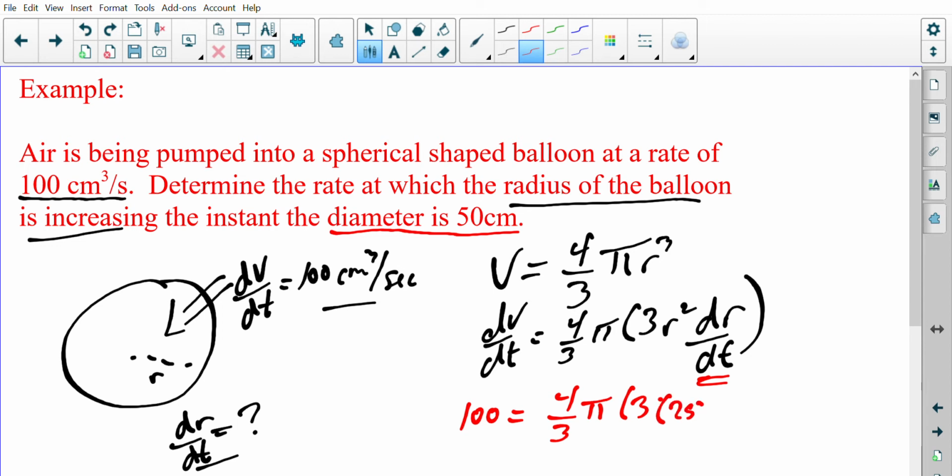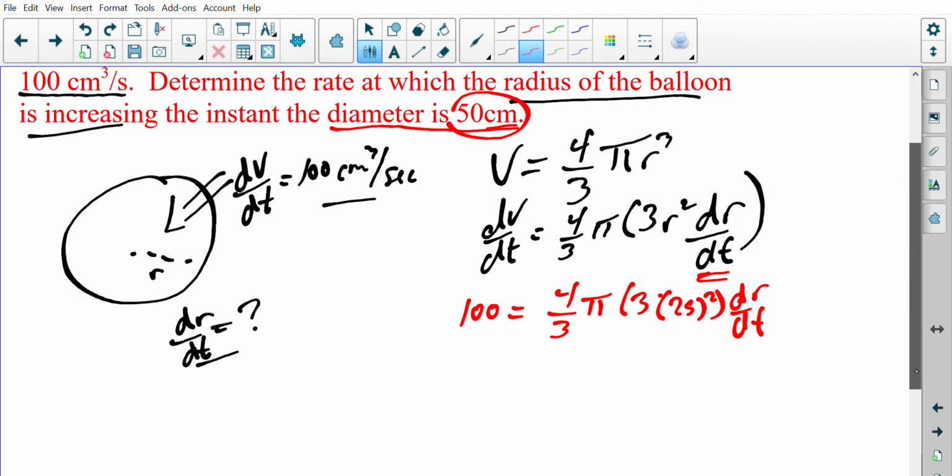So 25 squared. I just had a quick look there to make sure the units match up, and we're fine here. Centimeters, cubic centimeters per second. Sometimes you'll get cubic centimeters per second, and then this measurement may show up in meters, and you'll have to convert this to match this rate of change unit. dr dt is my unknown.